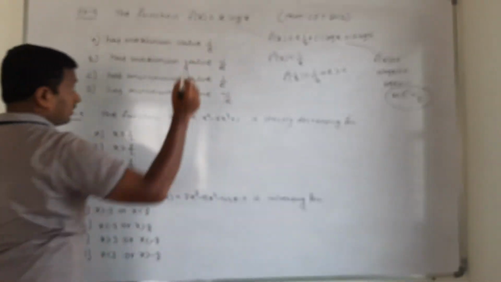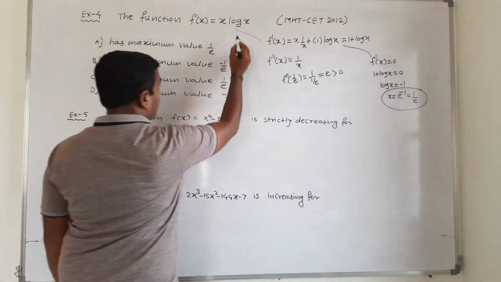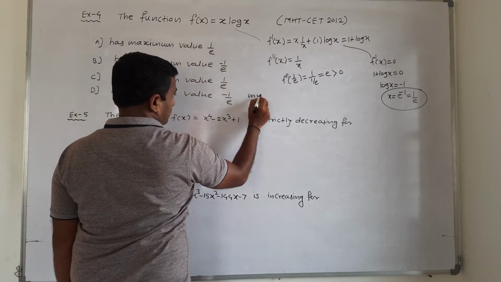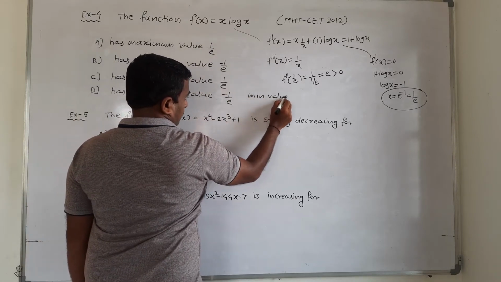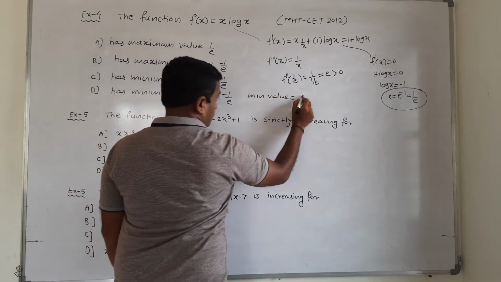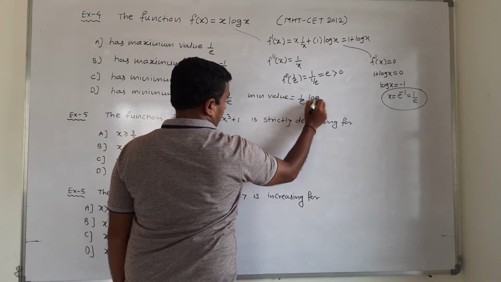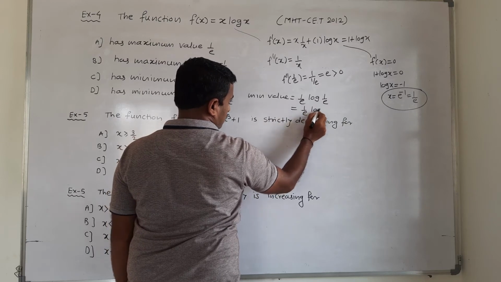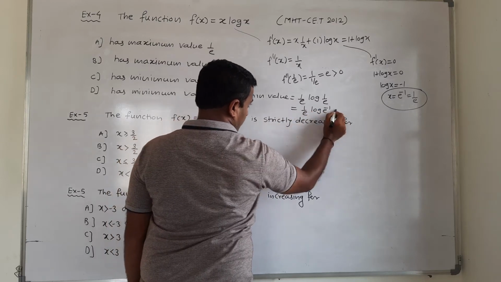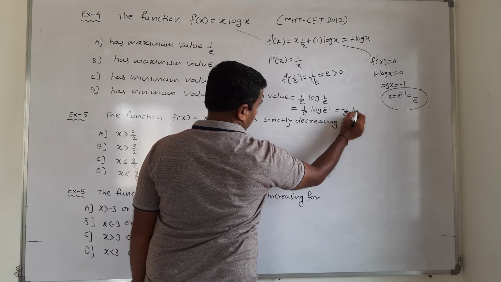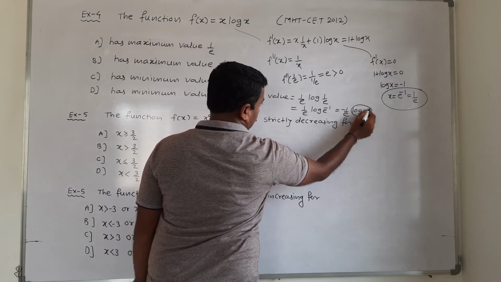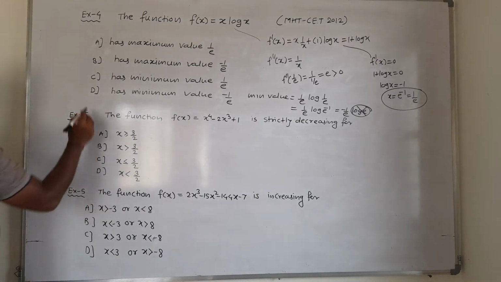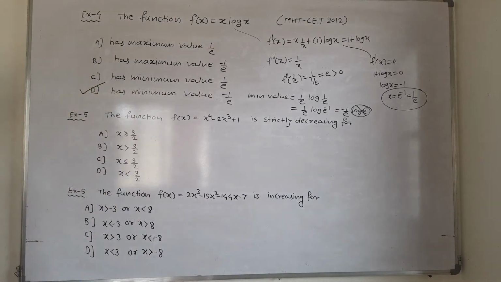Put x equal to 1 by e: 1 by e log 1 by e, that is 1 by e log e raised to minus 1, coefficient minus 1 by e, log e is 1, so this is minus 1 by e. Minimum value is minus 1 by e, option D.